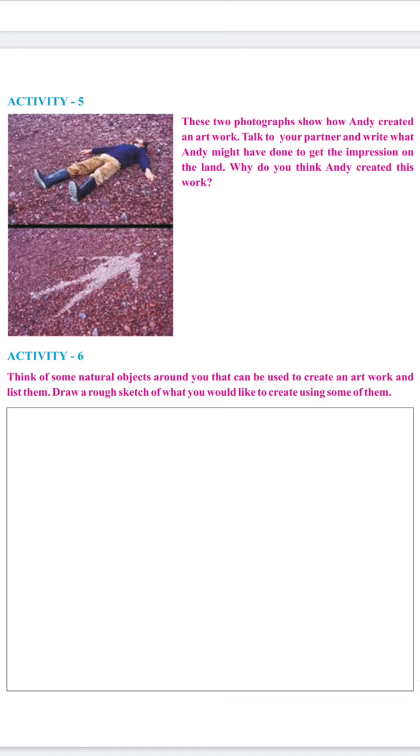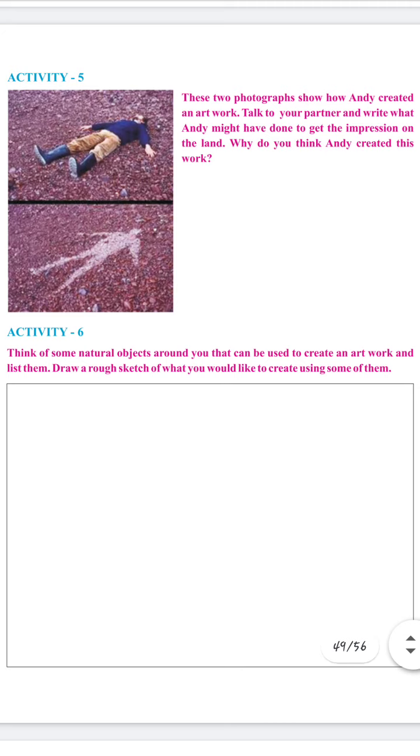So, dear students, in my opinion, I think that Andy might have painted himself totally white in color, and after that he would have lied down on the floor to get that impression on the ground, and afterwards he would have made the necessary corrections in the ground, or maybe he would have drawn an outline of his body, and after that he would have painted in using different colors.